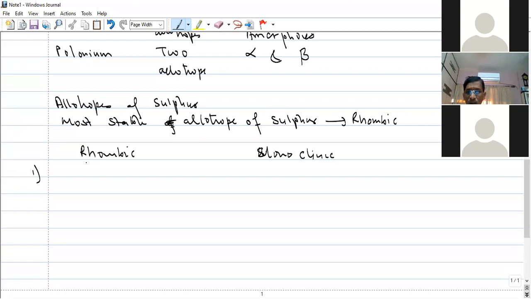First of all, rhombic is pale yellow in color, and monoclinic is bright yellow in color.